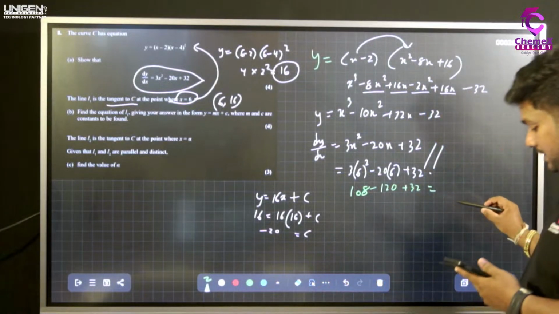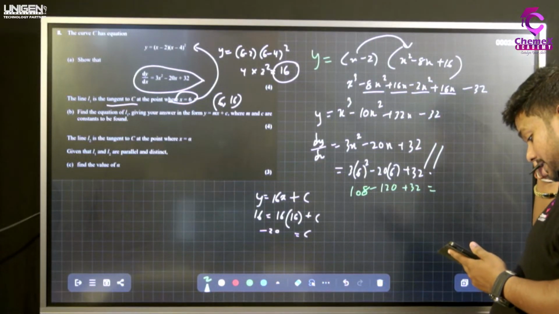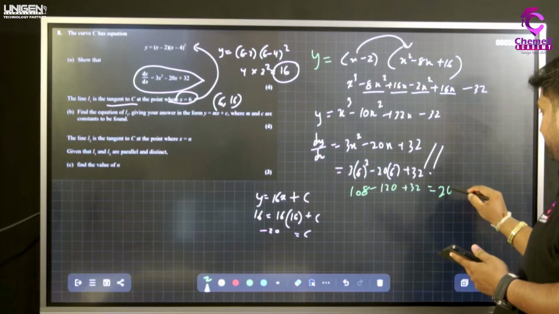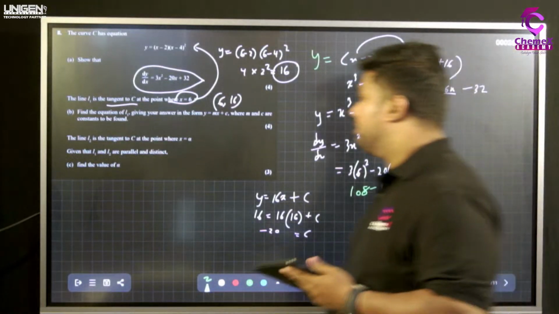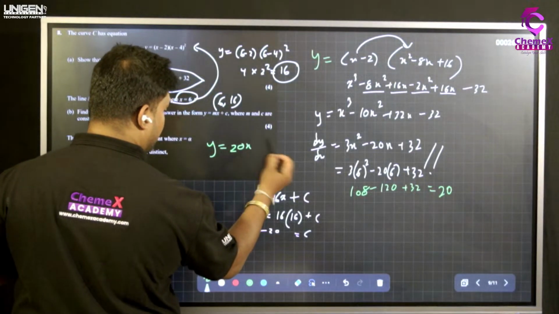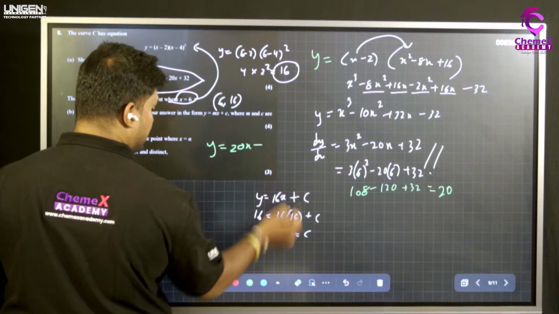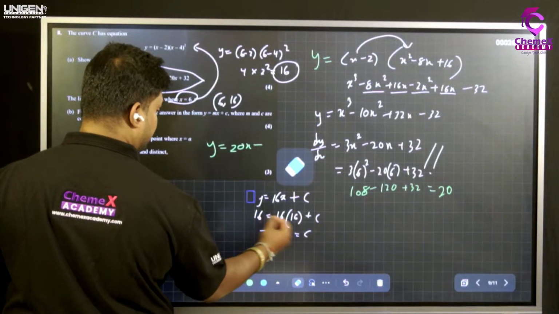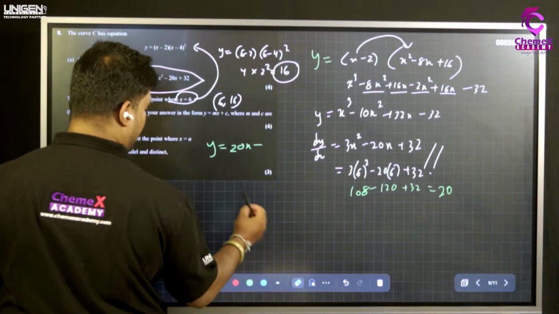So this is going to be what? 20. Now you can write the equation: y equals 20x plus c.